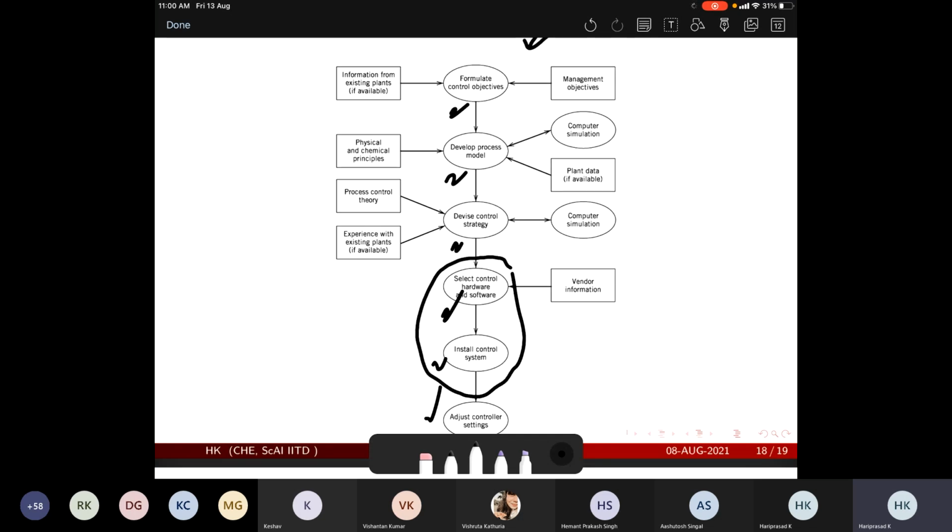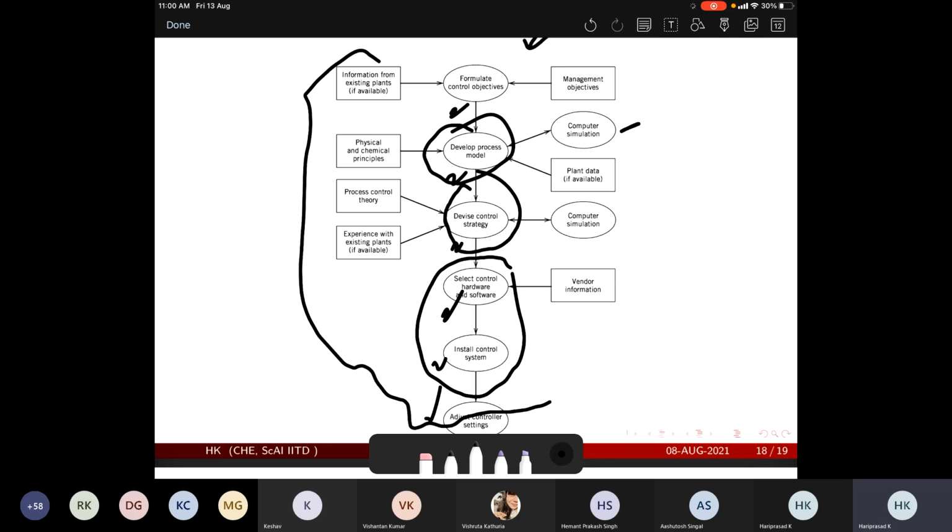Some hardware comes in, so you need to know a little bit about hardware, a little bit of mathematical modeling, process control, and so on. There is also simulation. All of this would come in handy when you work in real time as a process control operator, a researcher, or an engineer in the plant.